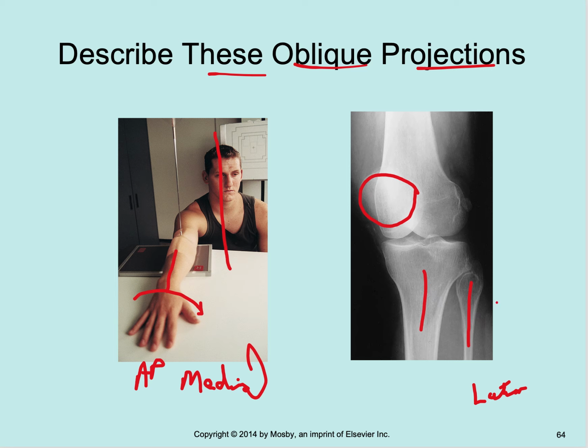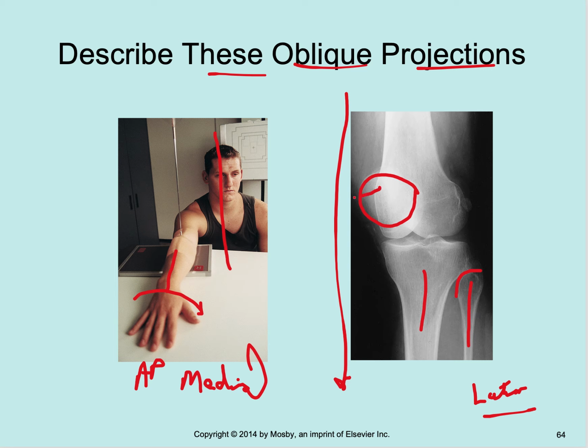This here, since we know that our fibula lies lateral, what is happening? This is opening up, and our patella. So if our patella is in the middle of our femur in an AP, and now our patella is starting to move in, so medial, this is our medial aspect here, because we know that our fibula lies lateral.